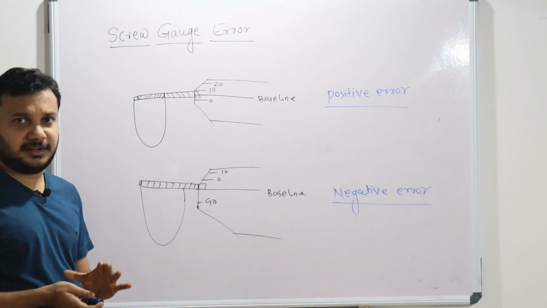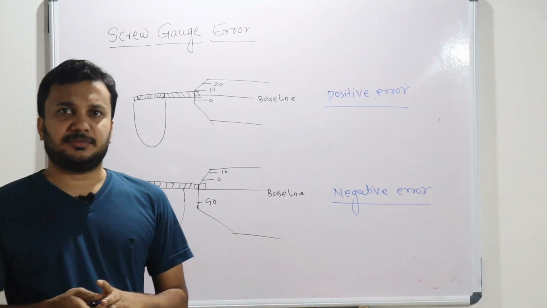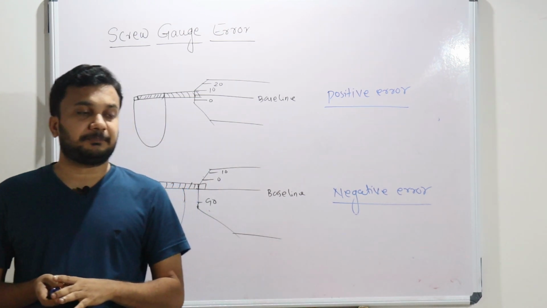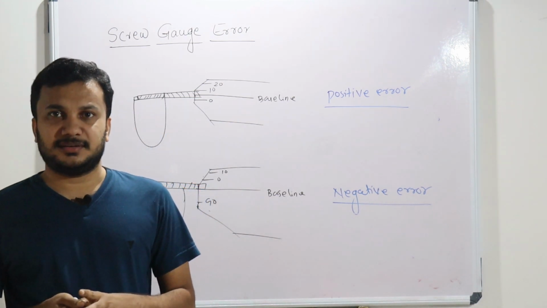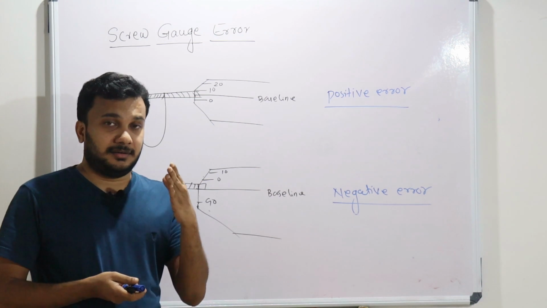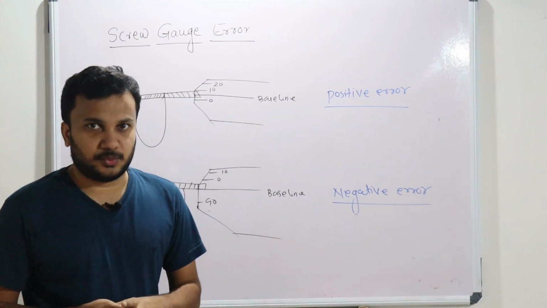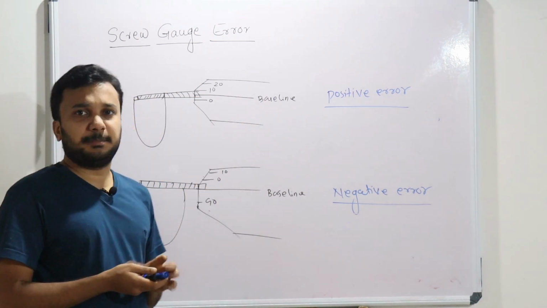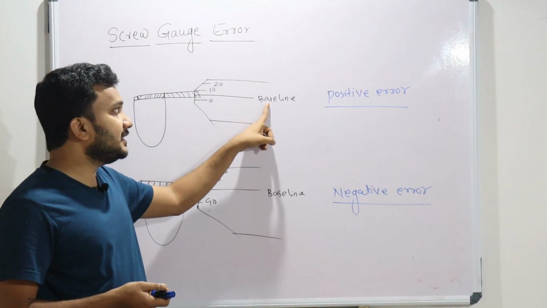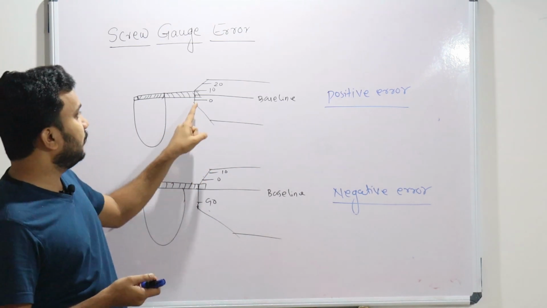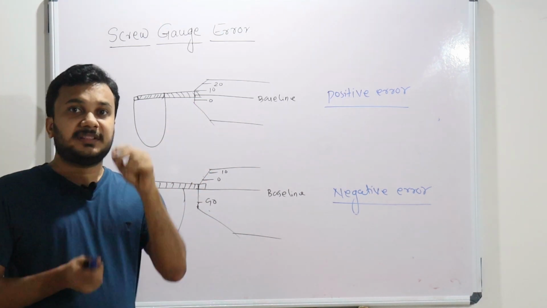It's very simple. What is actually a correct screw gauge? If you are going to buy a screw gauge, how can you find a good one? As I told before, you have a baseline.